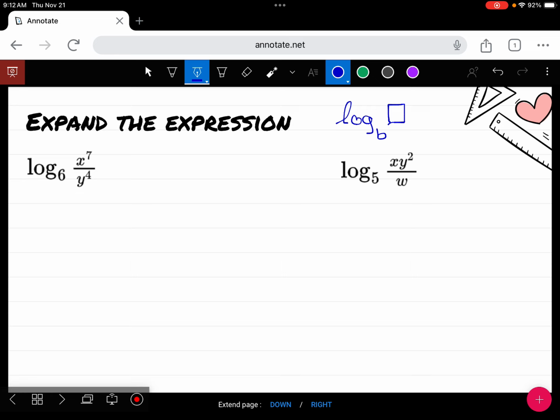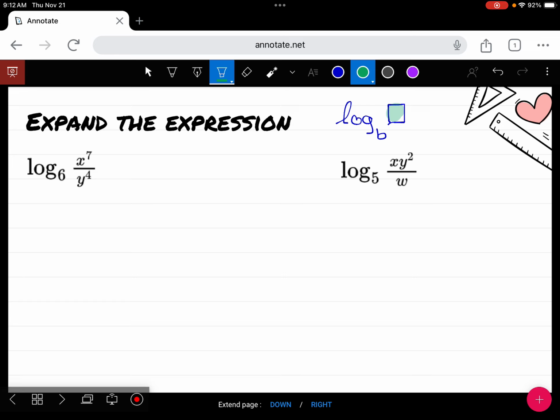There should not be any multiplication, no division, no powers inside our argument. It could have addition. So this needs to just be one letter, one number, one term.